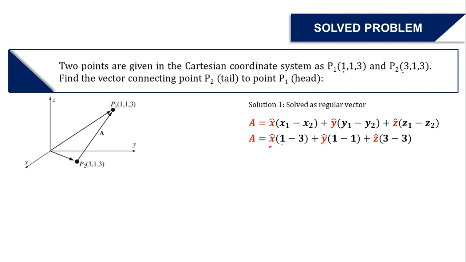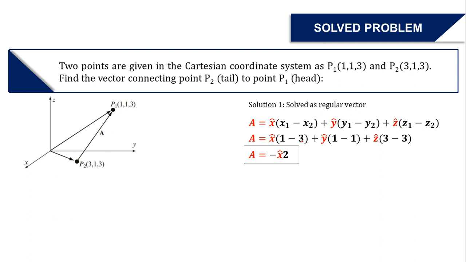Then minus 3, plus y hat, and then 1 ulit, minus 1, plus z hat, 3, minus 3. So, ang mangyari dito, it will become negative 2. Dito naman, 0. Ito naman ay 0 din. Okay? So, ano ang mangyari dyan? Sagot natin is that vector A connecting point 2 to point 1 is negative x hat 2.